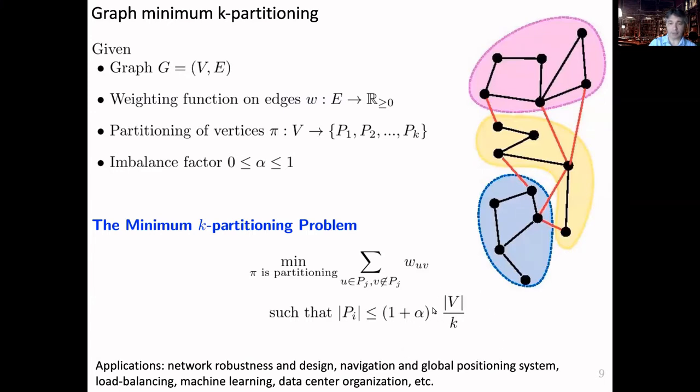We normally talk about some imbalance factor alpha that allows one of these parts to be bigger than another. And the objective is, if the graph is unweighted, to minimize the number of edges that span more than one part, like these red edges, right? Or if the graph is weighted, then we minimize the total weight of these edges that belong to the cut.